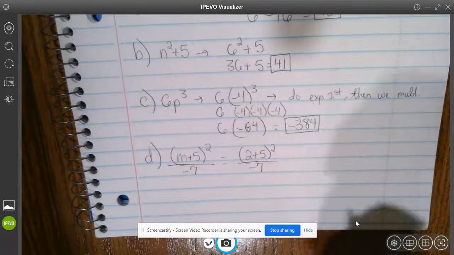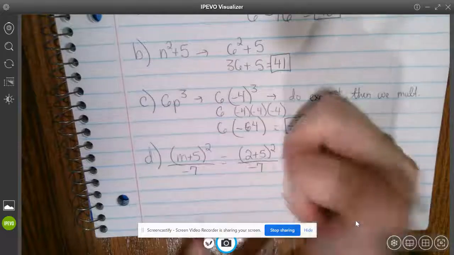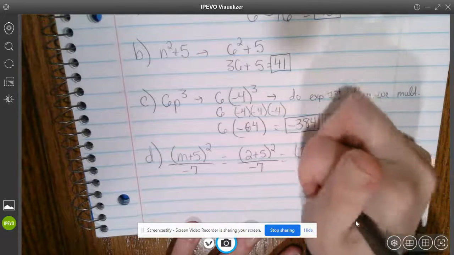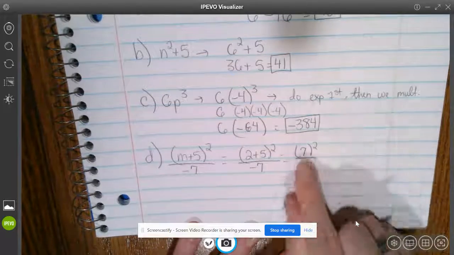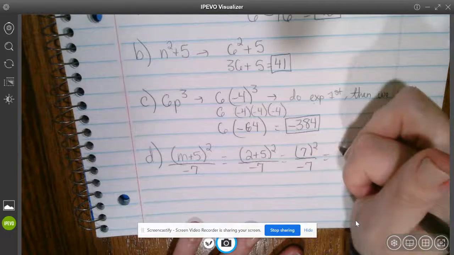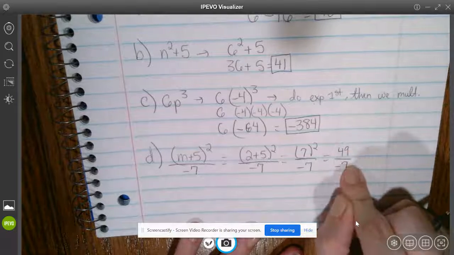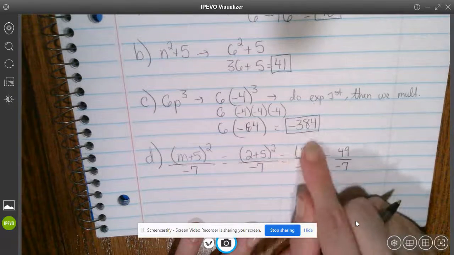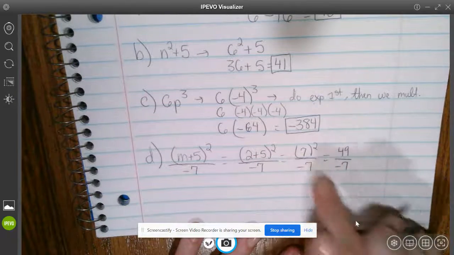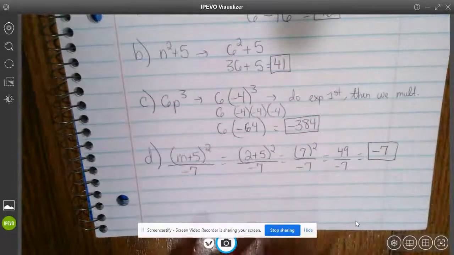No, because what do we do first? Parentheses. So I'm doing 2 plus 5, which is 7. So now I take 7 squared, 49. And then I can finally divide it, because remember, it goes parentheses, exponents, then multiplying and dividing. So that would give me a -7 as my answer.